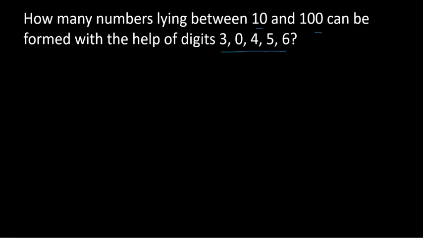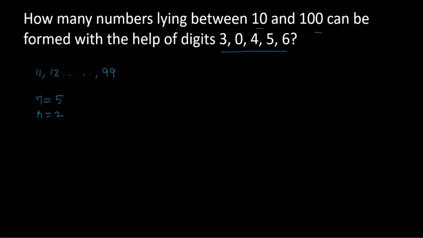Between 10 and 100, what are the numbers? 11, 12, and so on. All these are two-digit numbers, right? And how many digits have been given to me? 5 digits, 3, 0, 4, 5, 6. So actually I have to see there are 5 digits, out of which I have to select 2 to form a number.